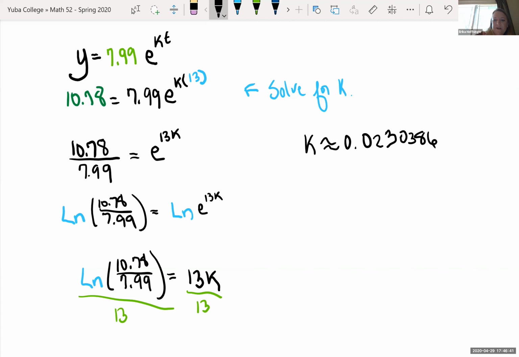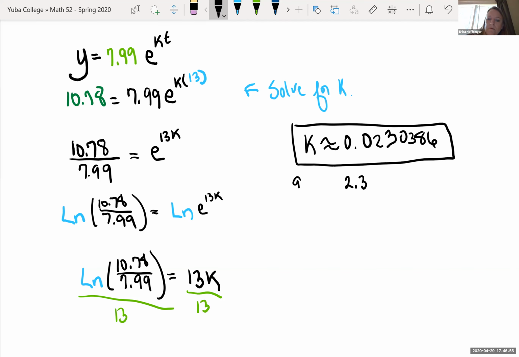So if this information is right, this is the growth rate of the population. So this is about, move your decimal place over twice, so the growth rate is approximately 2.3% per year in New York.